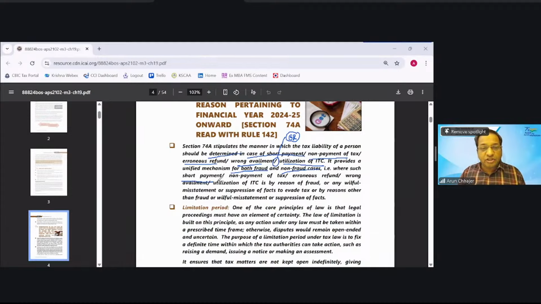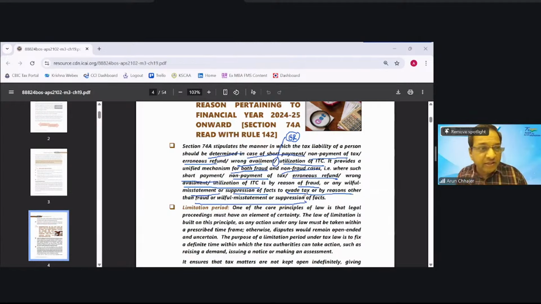That is where the short payment, non-payment, erroneous refund, wrong availment or utilization of ITC is by reason of fraud or willful misstatement or suppression of fact to evade taxes, or by reason other than fraud, willful misstatement or suppression. So what does it mean? 74A is the only section by which, whether it is fraud or non-fraud, both are merged.